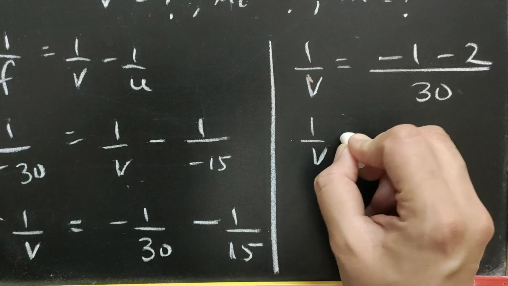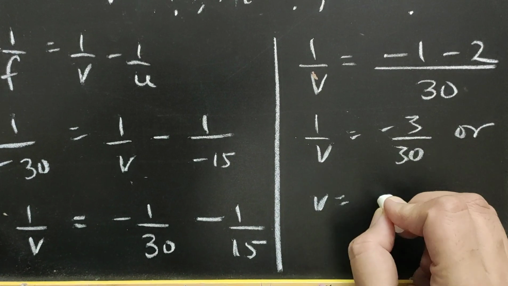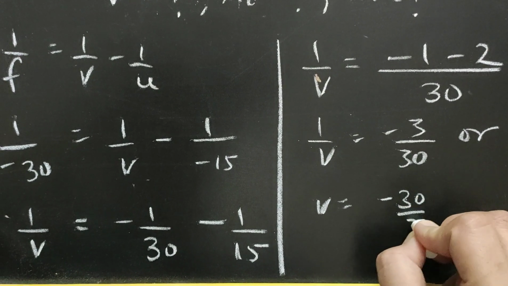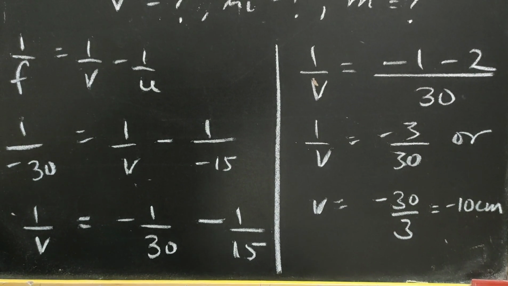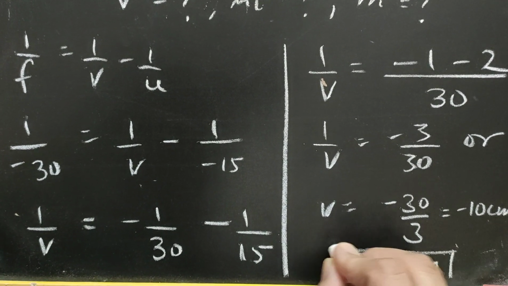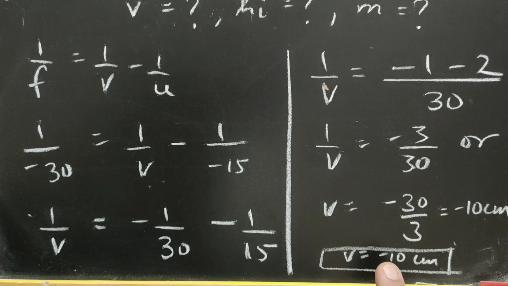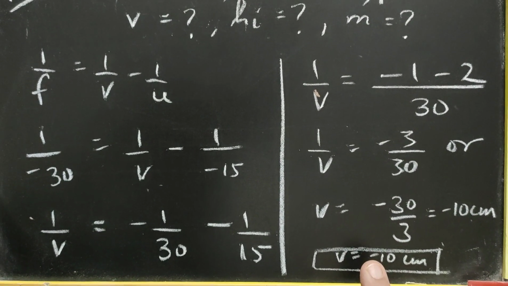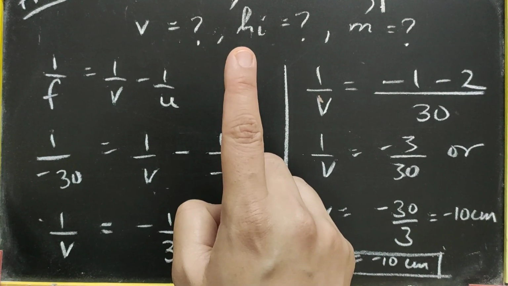So 1 by v would be minus 3 by 30, or you can say v is minus 30 by 3 or minus 10 centimeters. So this is the image distance that we have obtained, and as expected for a concave lens, image distance is coming out to be negative because the image is on the same side as the object. Now the next task is to calculate height of the image.